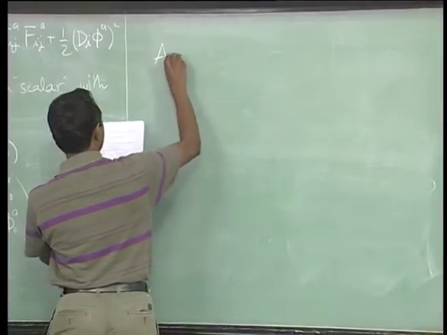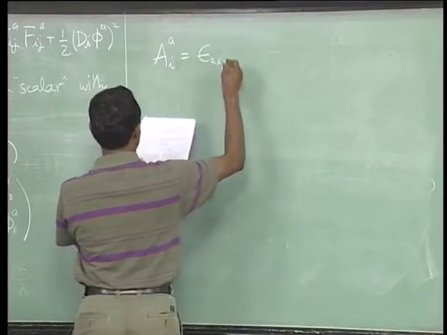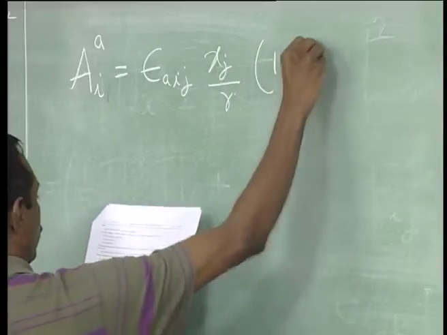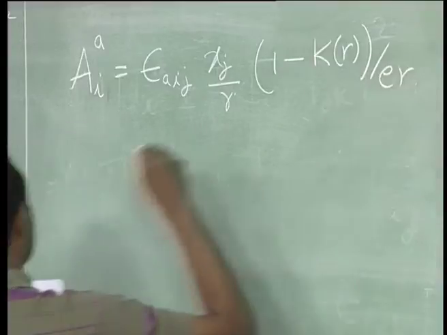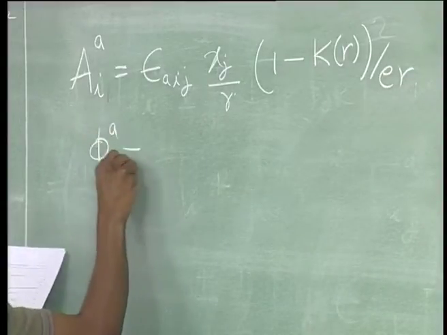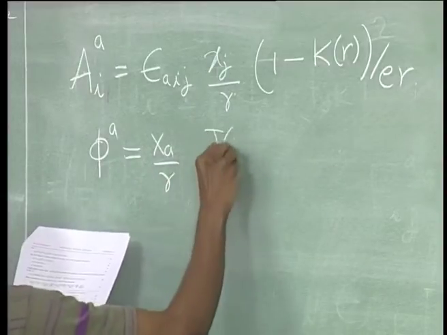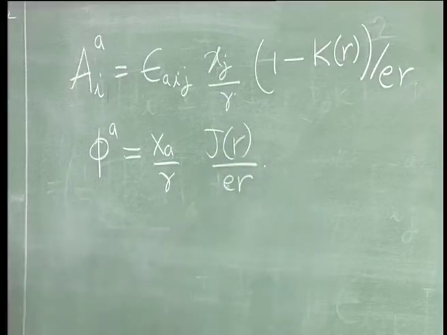So we have already seen this is what we had chosen as an ansatz for A and phi when we solved for this.